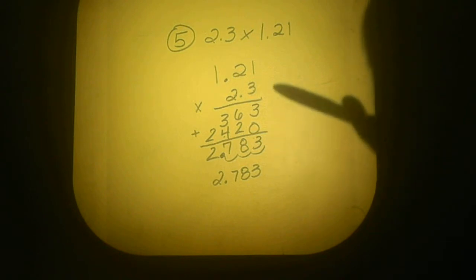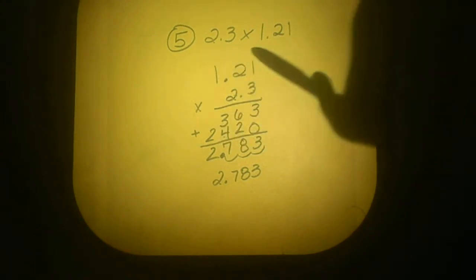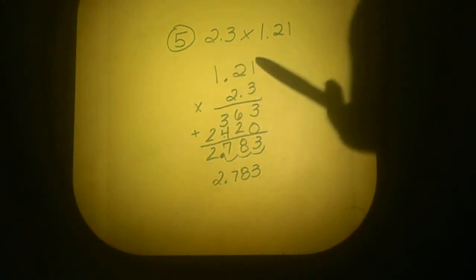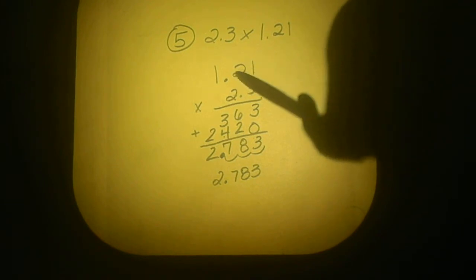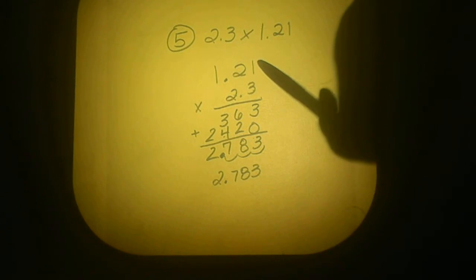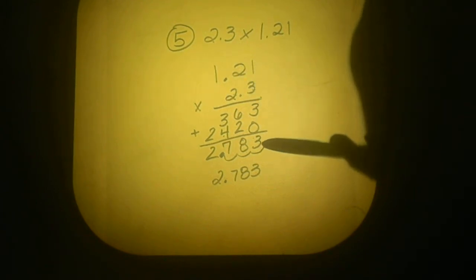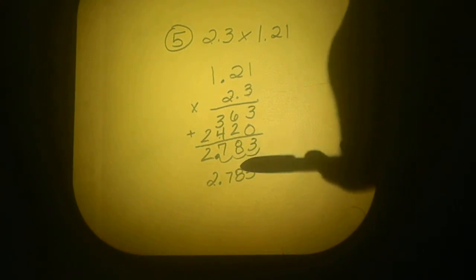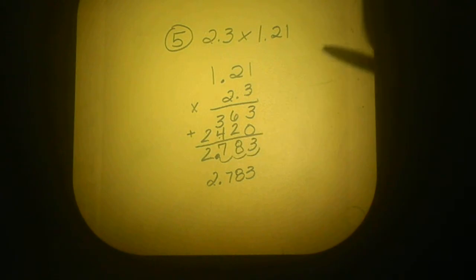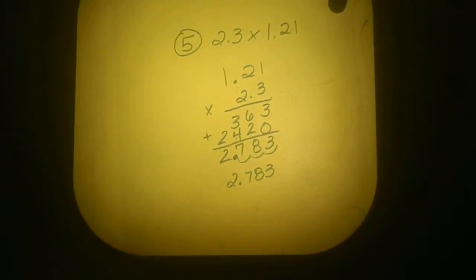I did my multiplication problem without paying attention to the decimal, and at the very end I count the total amount of numbers to the right of the decimal in both numbers. Okay?